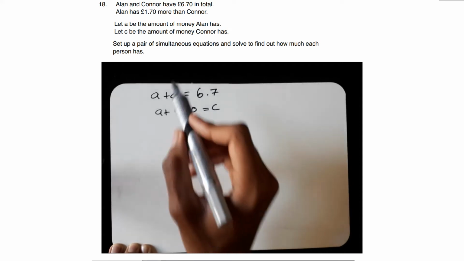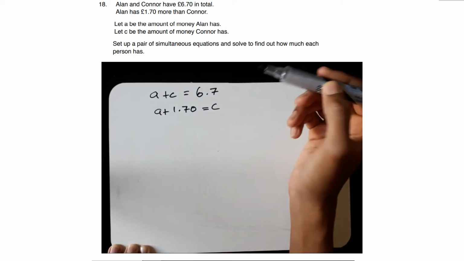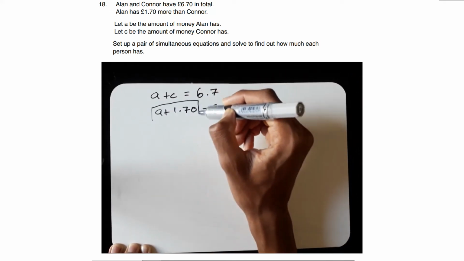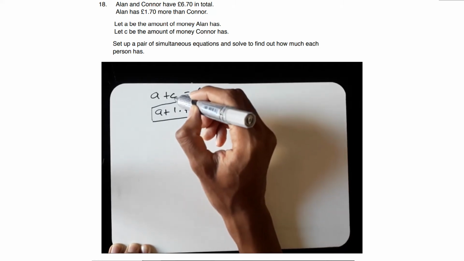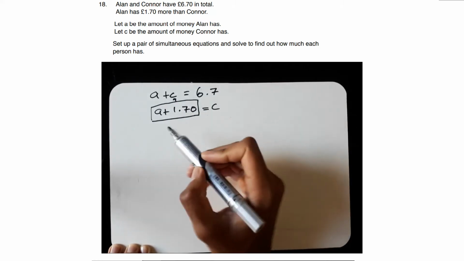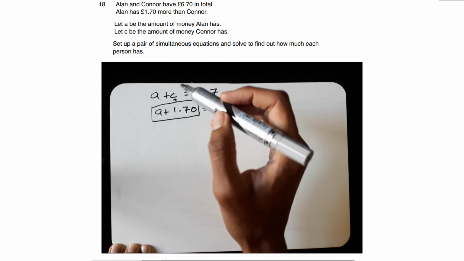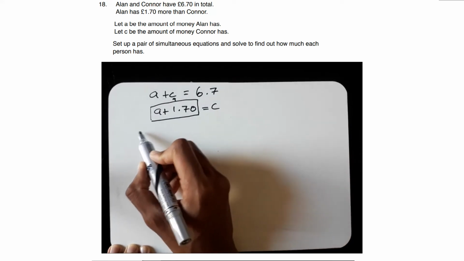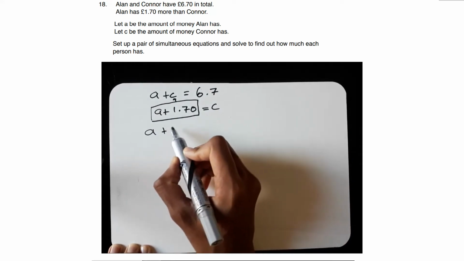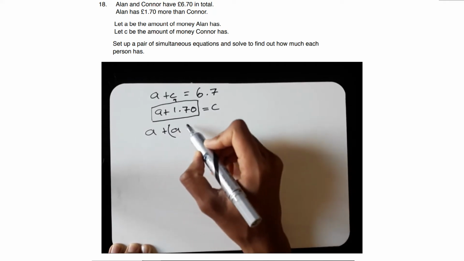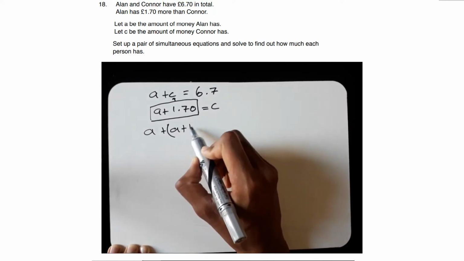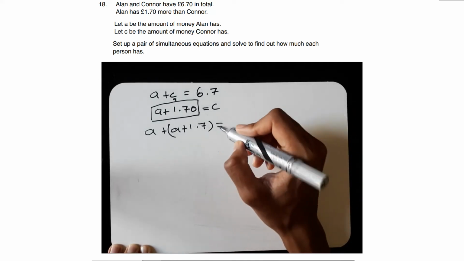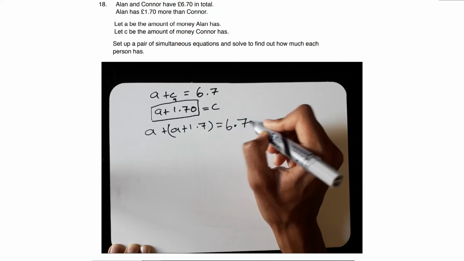Since we have C in the second equation, we're going to plug in the C from the second equation into the first equation. So which is going to give us A plus A plus 1.7 is equal to 6.7.